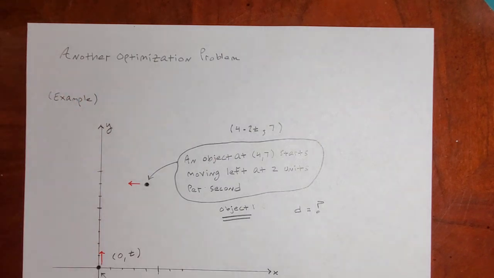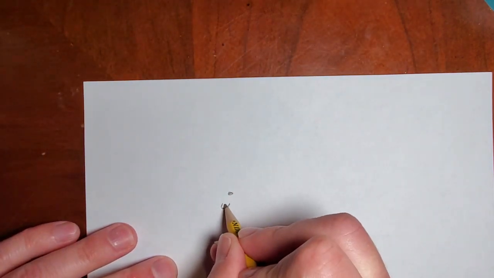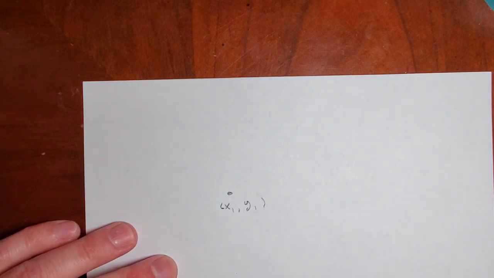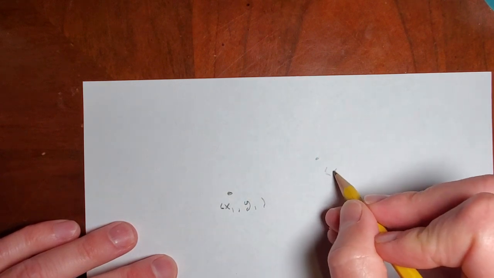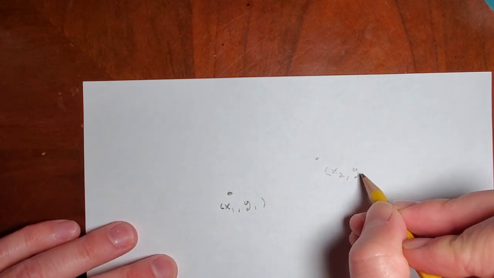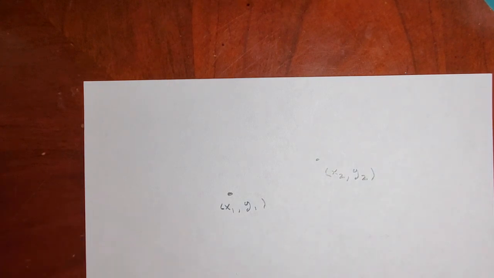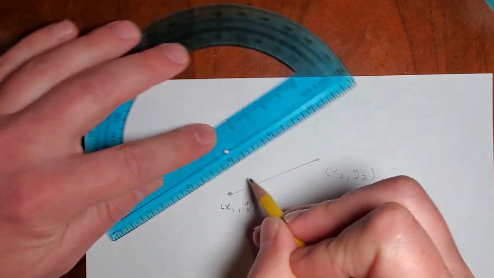Well, the way that works is that, say for whatever graph, whatever the situation is, there's a point here, let's call it x1, y1, and some point somewhere else that we'll call x2, y2. Suppose we want to know the straight line shortest distance between the points.